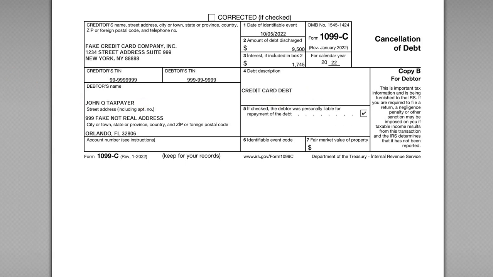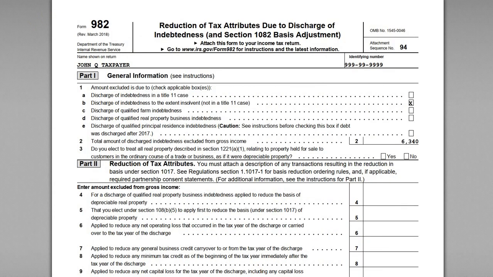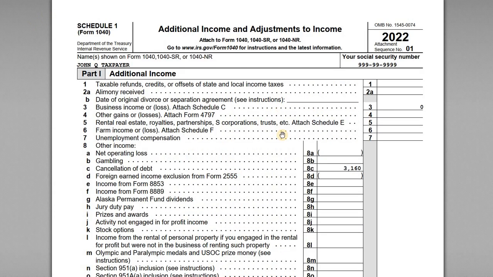So if you look at his insolvency worksheet, this is where, actually, let's look at the tax return first. If I go to Schedule 1, this is where you would report cancellation of debt income. So if John was doing his tax return and he didn't have the insolvency exclusion, if he wasn't doing this through a bankruptcy, if it wasn't qualified personal residence debt, right?